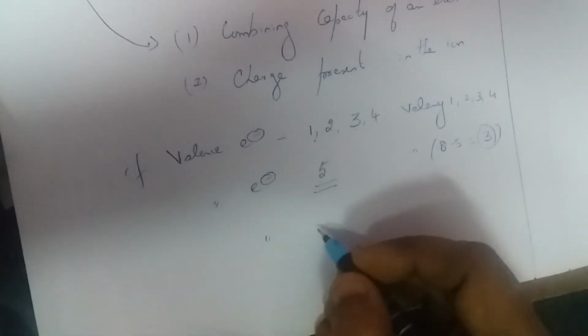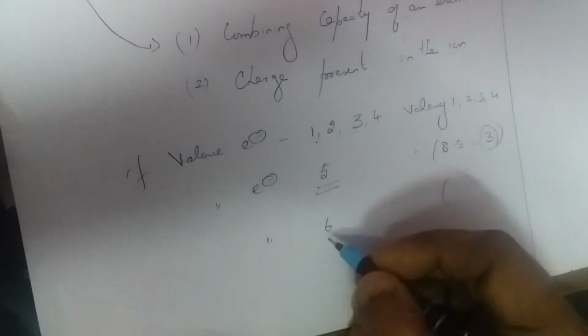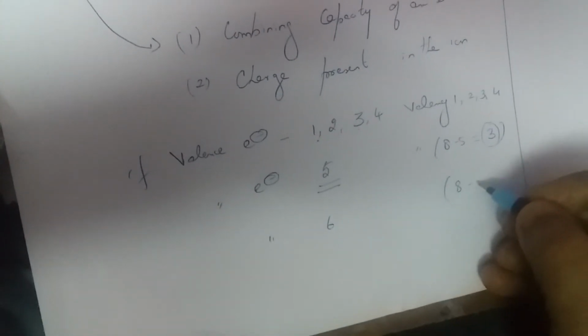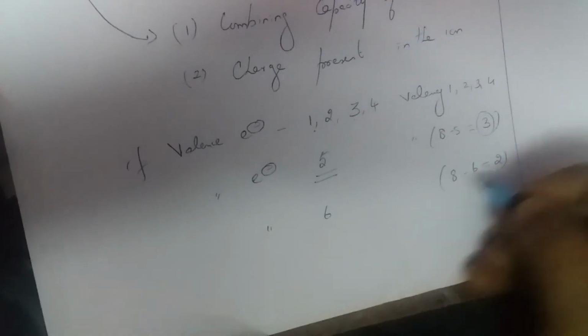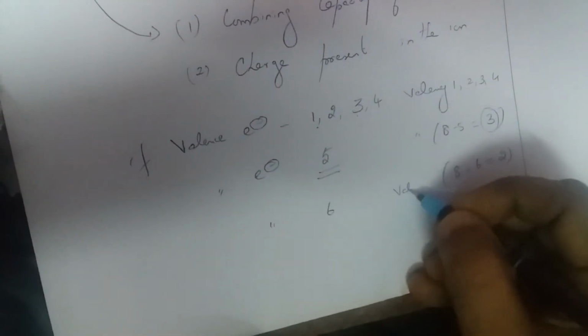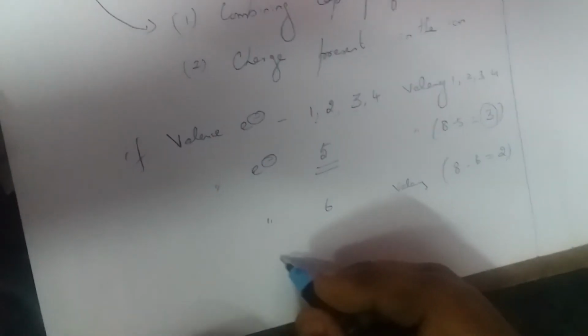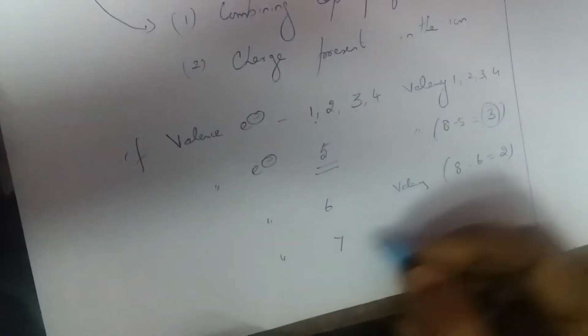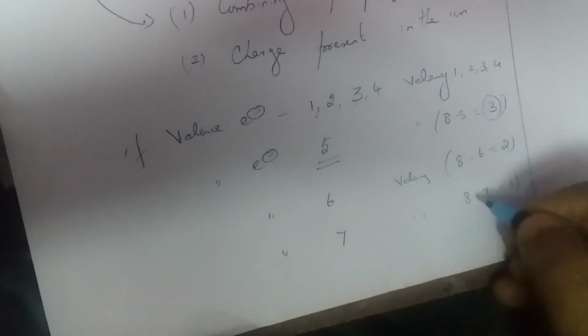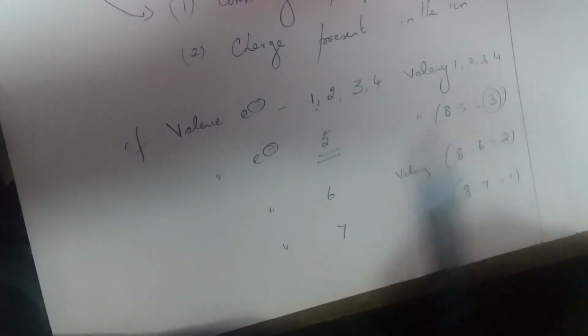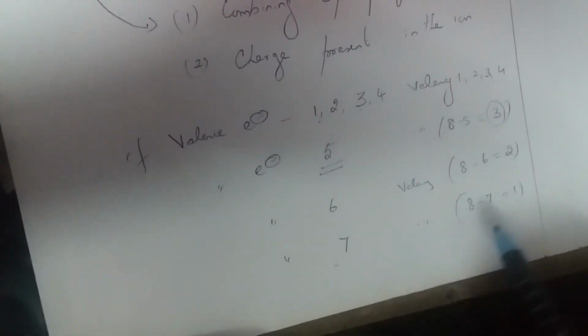If the valence electron is 6, this is greater than 4, so we subtract it from 8: 8 minus 6 is 2, so the valence C is 2. If the valence electron is 7, the valence C is 8 minus 7, that is 1. If it is 8, then it is 0.